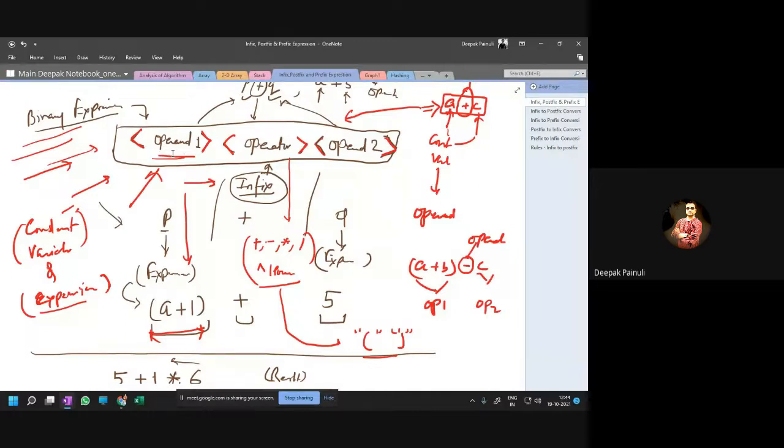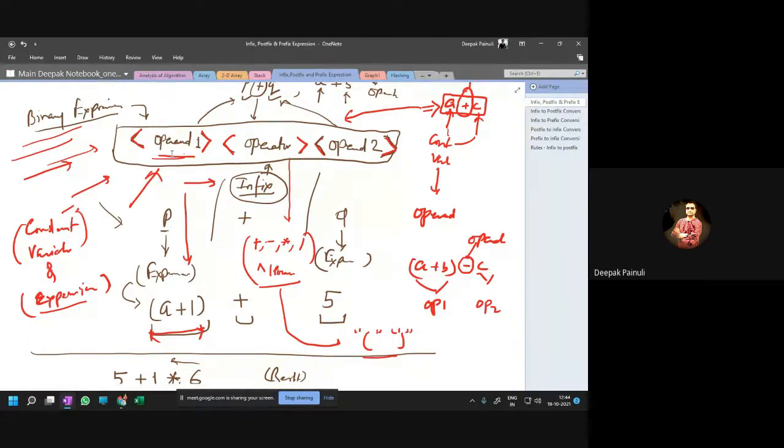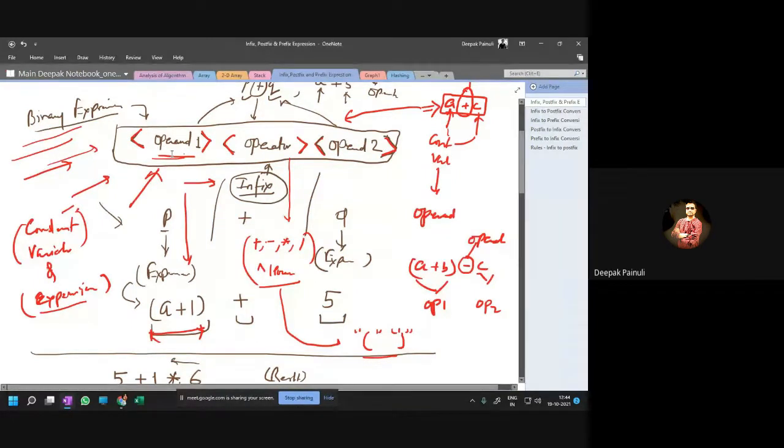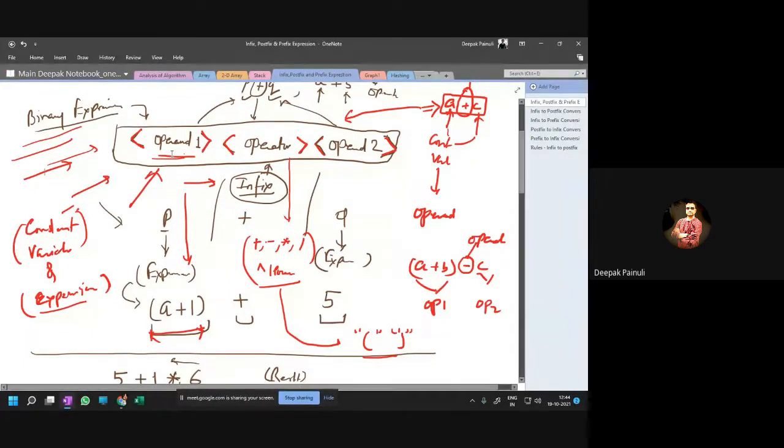See, infix is used by humans only, a human readable format. It is easy to understand by humans, and humans can easily evaluate those expressions. But in computers, it is a very tough or time consuming job to evaluate any infix operation.